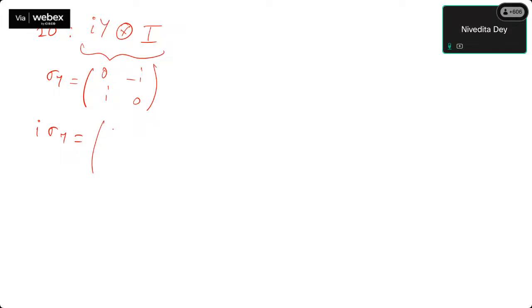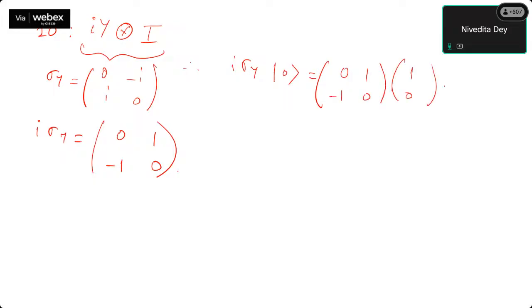That matrix will be [0, 1; minus 1, 0], since minus i squared is plus 1. Now, if we apply this i sigma Y on ket 0, then it will be [0, 1; minus 1, 0] times ket [1, 0], which is nothing but 0, minus 1, that is minus ket 1.